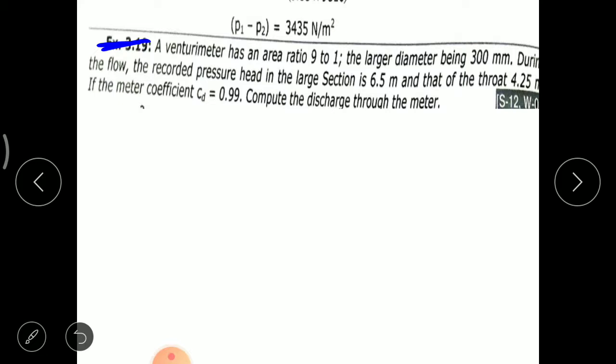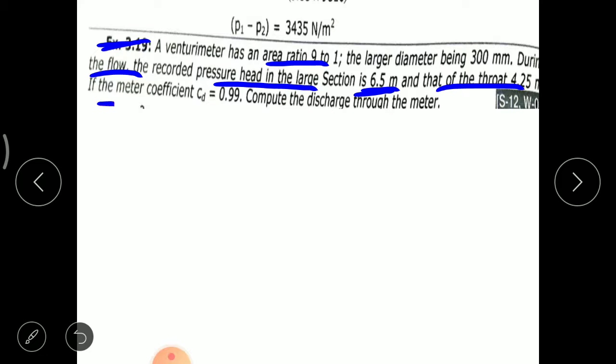A venturi meter has an area ratio 9:1, the larger diameter being 300 mm. During the flow, the recorded pressure head in the large section is 6.5 meter and that of the throat is 4.25 meter.